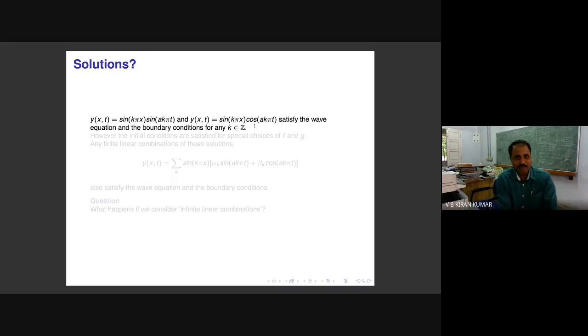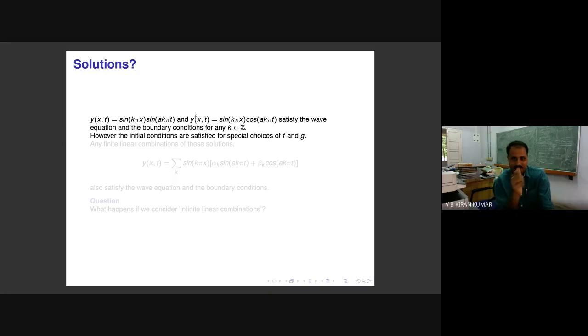It's a simple computation, and you will see that the functions y(x,t) given by sin(k pi x) sin(a k pi t), and y(x,t) given by sin(k pi x) cos(a k pi t), satisfy the equation and boundary conditions. That is very easy to check. But the initial conditions need not be satisfied for all choices of f and g.